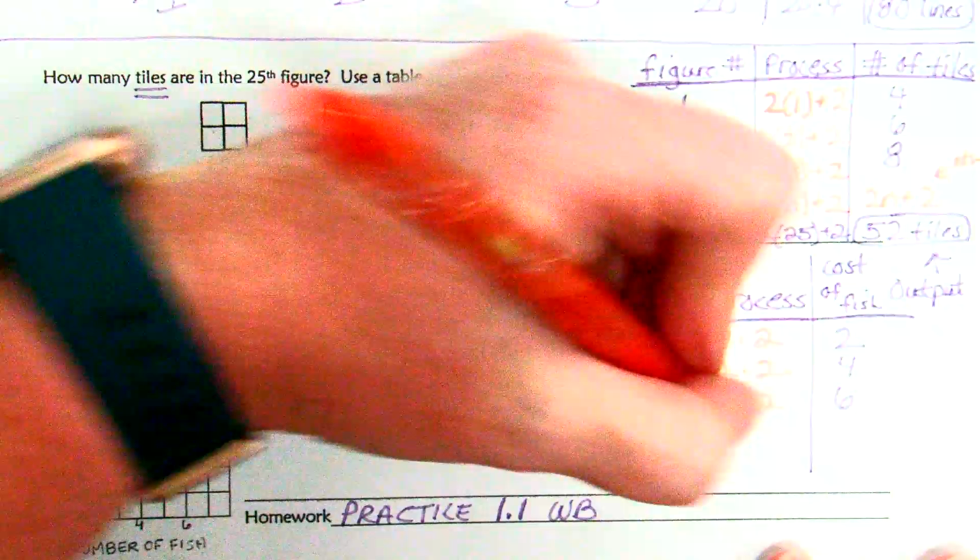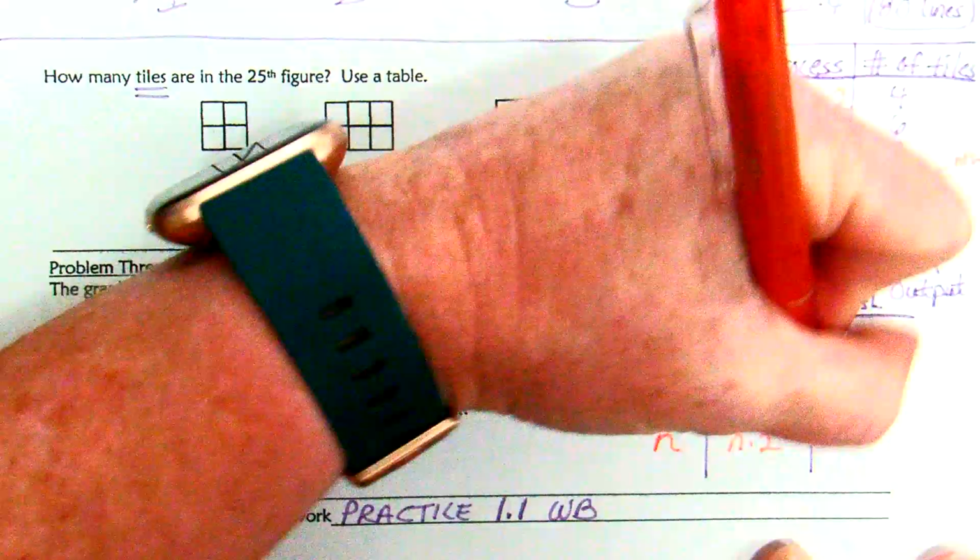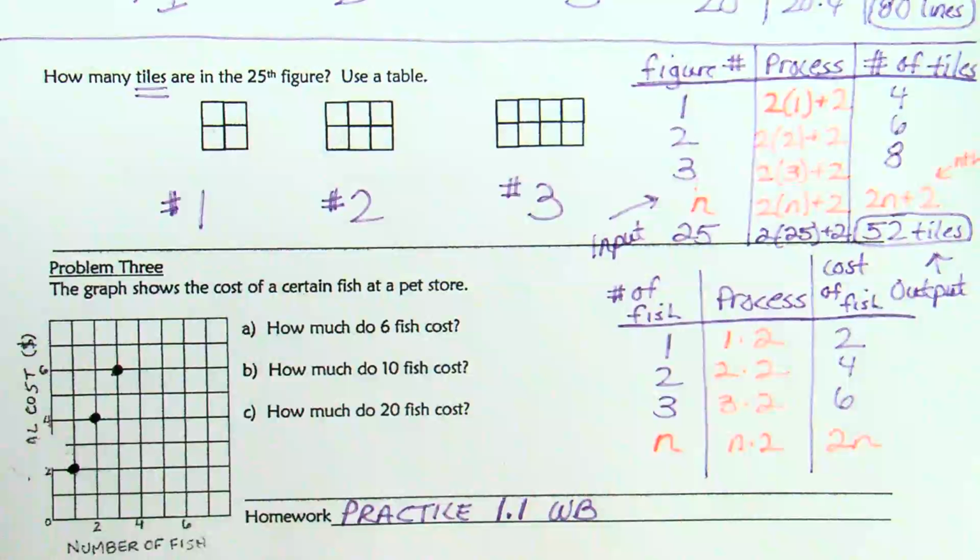So, I'm going to do it to you. N. What's the cost of N fish? N times 2, or in other words, 2N. So, the questions that you guys probably answered way before I got to this point, which is fine.